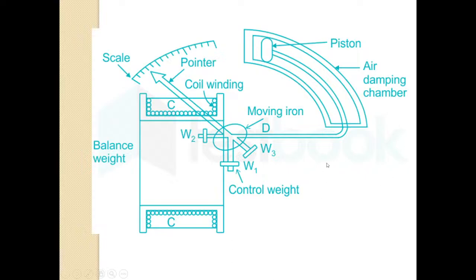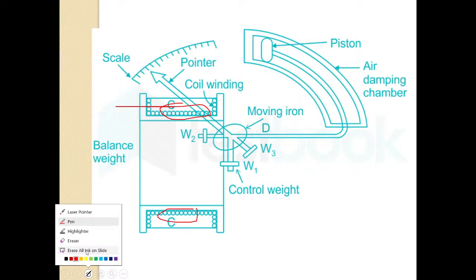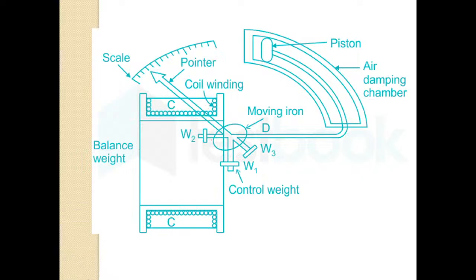Meanwhile, while you are drawing, I will discuss a few more points regarding this. When current passes through these coils, you can see C represents the coils, a magnetic field is induced.